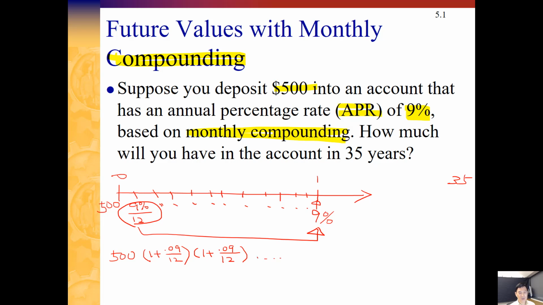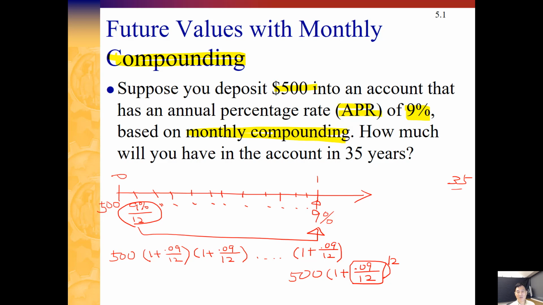So and so on. So you will do this 12 times over the year. And so at the end of the first year, you will have 1 plus 0.09 divided by 12. So basically this is a monthly interest rate compounded 12 times.